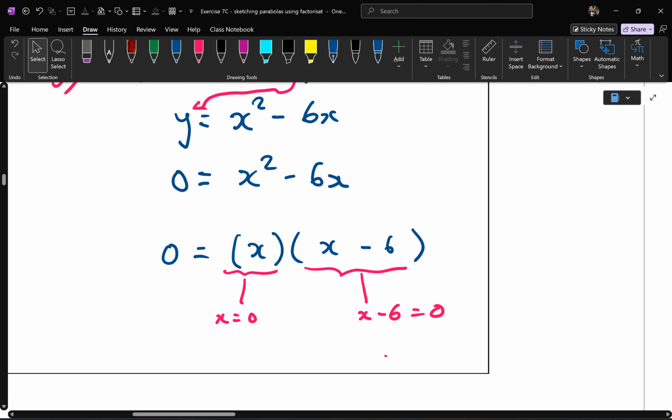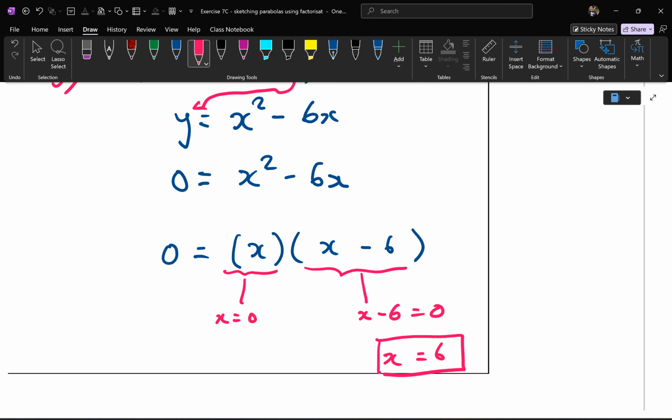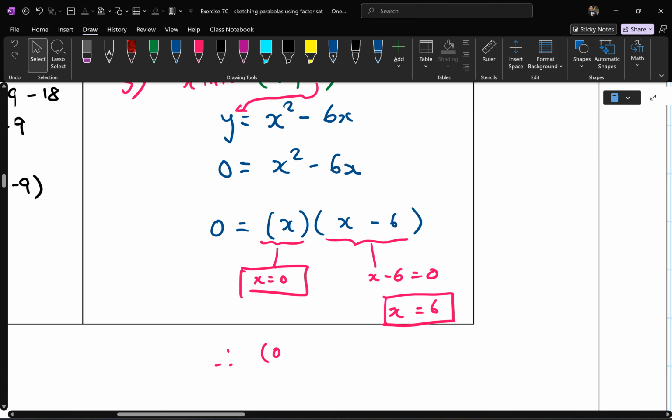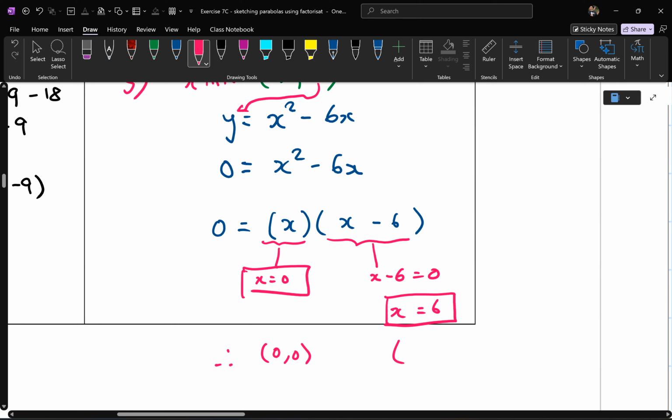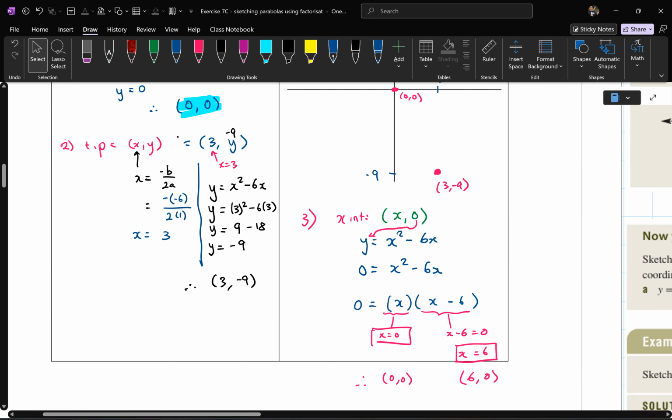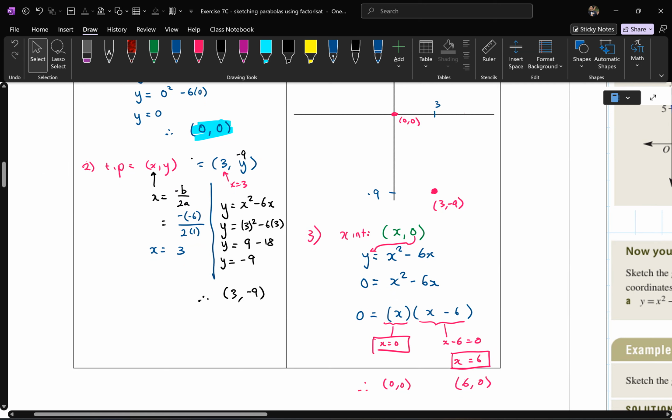But if that's true, then what would x have to be in order for that to be true? 6. So you got now 2 possible x-intercepts. That means 0, 0, and when x is 6, y is 0. So you got 2 x-intercepts there. 0, 0, and 6, 0. I put it together. 6, 0.